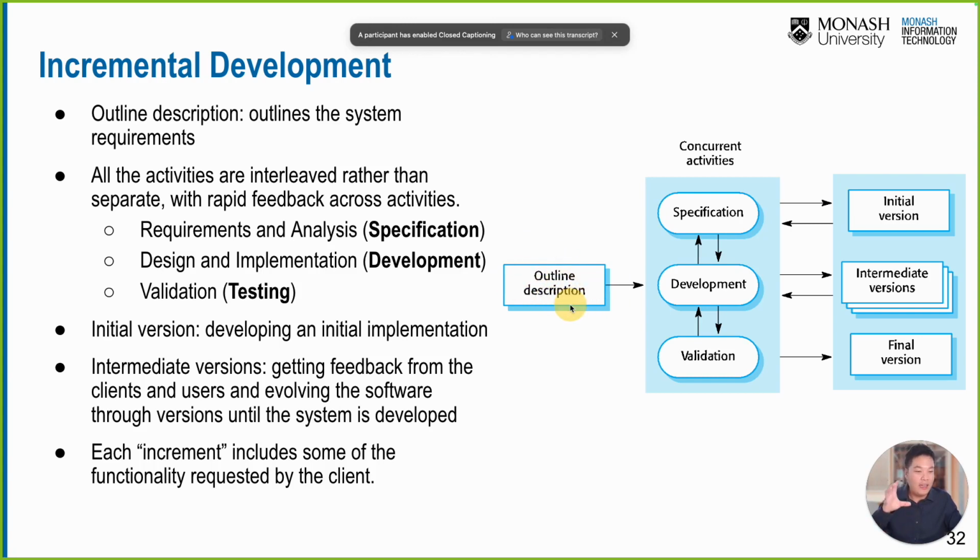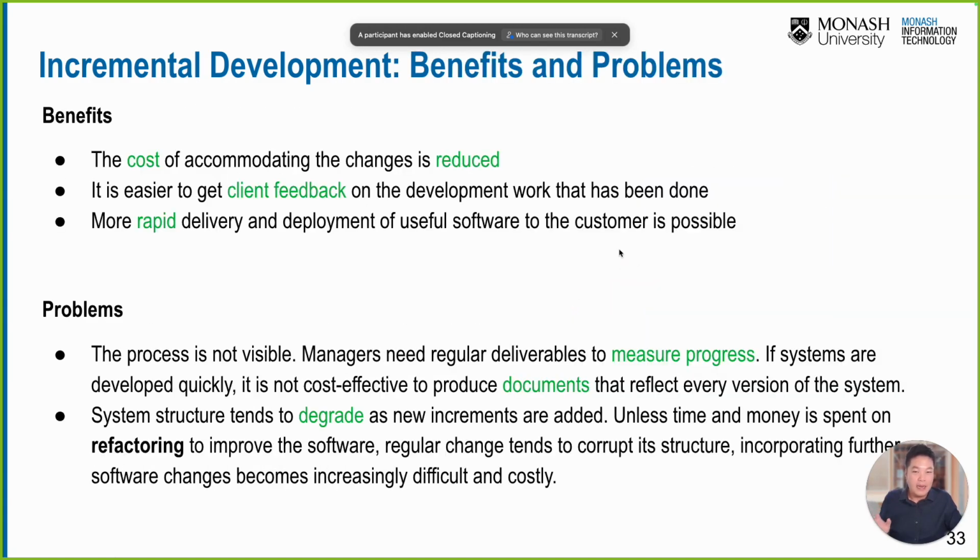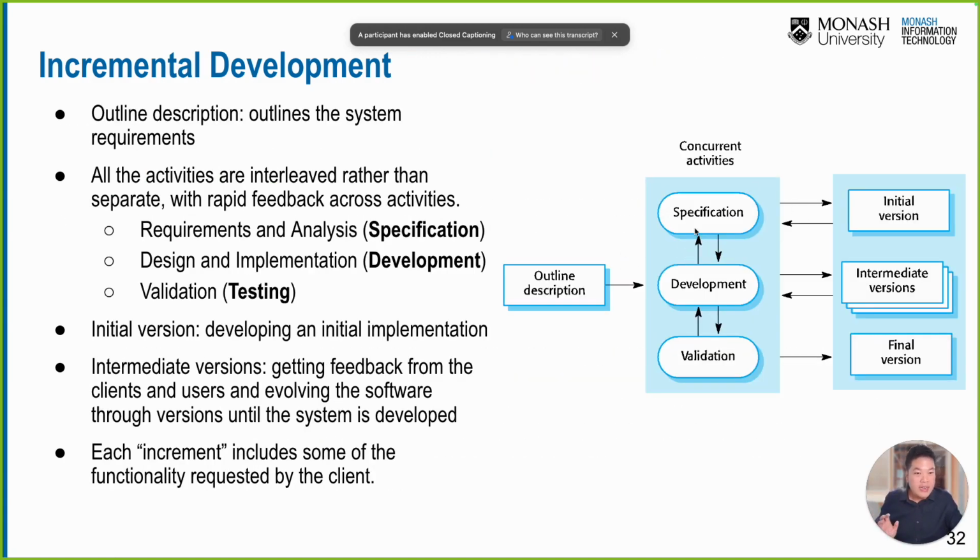We have the informal requirement from the customer, but during the specification, development and validation, we work incrementally, as an iteration. During the first iteration, we can deliver the initial version, intermediate version, and the final version as well. So it's similar to the agile, but not technically agile.